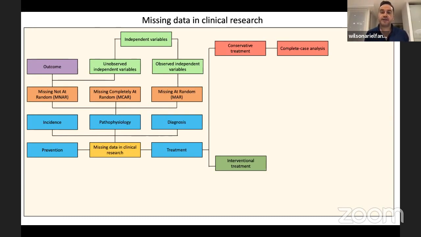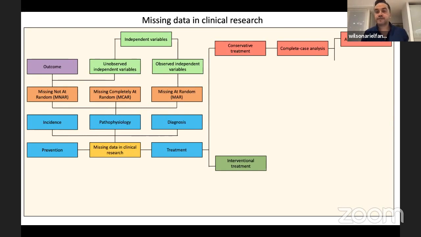Because we have a number of options for the interventional treatment, the complete case analysis is really inappropriate and is not really recommended in many cases, unless obviously you have a very minor quantity of missing data, which is again unusual.